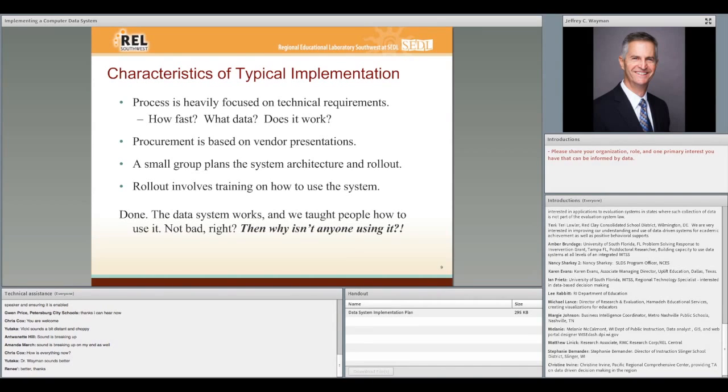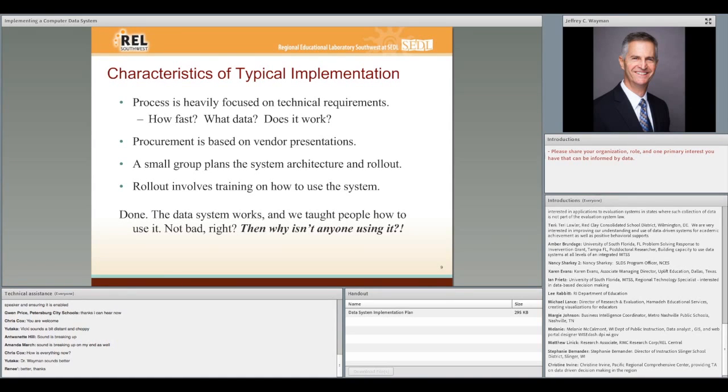And my sense is that vendors are typically very upfront about what their systems will and won't do. But this is a large source of knowledge for implementation teams as they go forward. So those take care of the rollout part. They're building in the preparation for rollout.